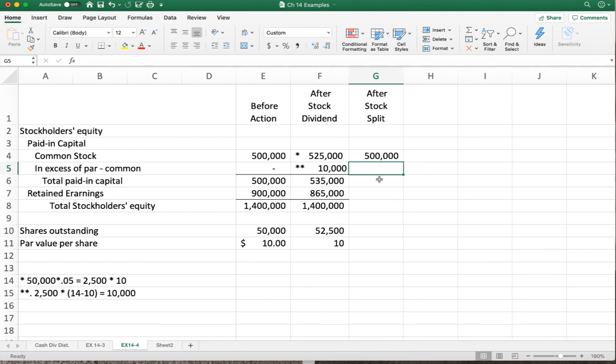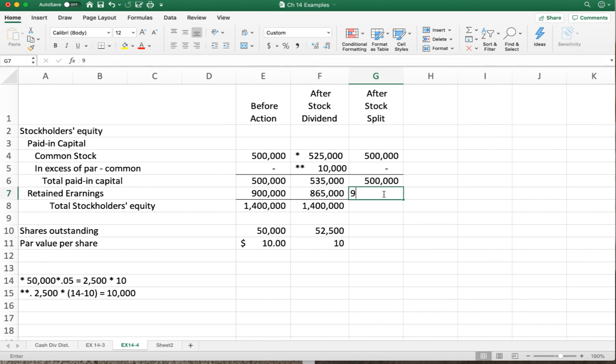If they had 50,000 shares outstanding, now there's 100,000 shares outstanding. I didn't have to hit my paid-in capital in excess of par account, so that does not change at all. What does change is going to be down here, the shares outstanding and the par value, okay?